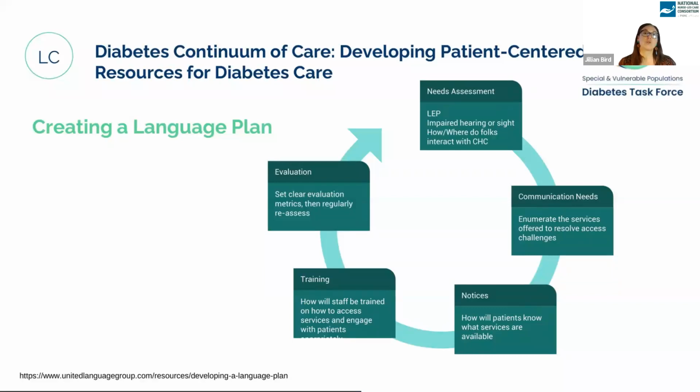So addressing how to tackle this, one way is to develop a language access plan. It can ensure that your organization is considering what it means to provide high quality, appropriate language services.